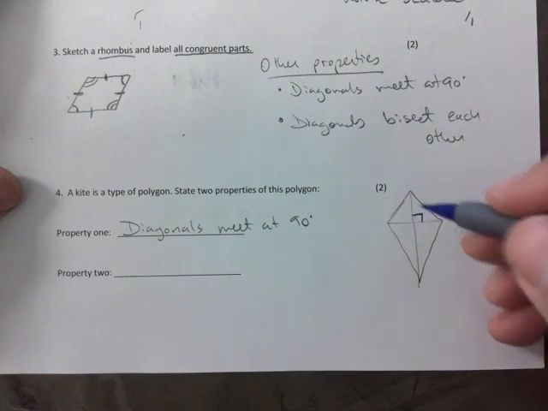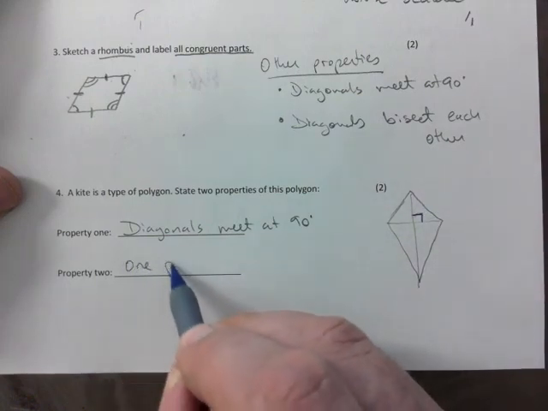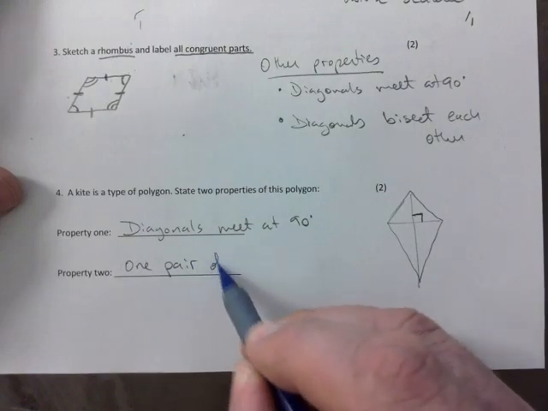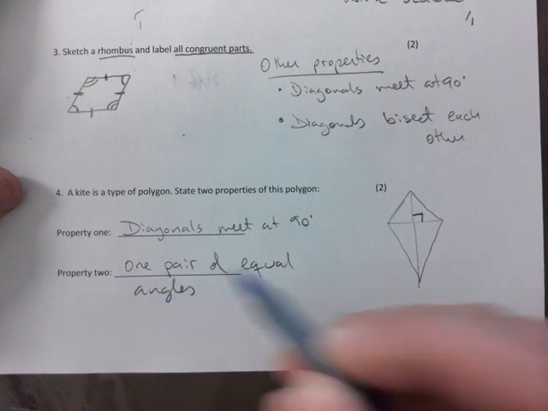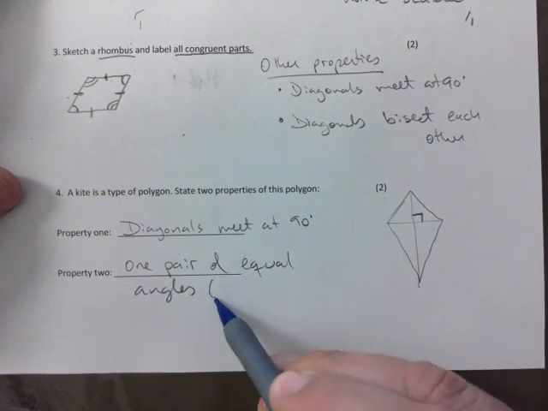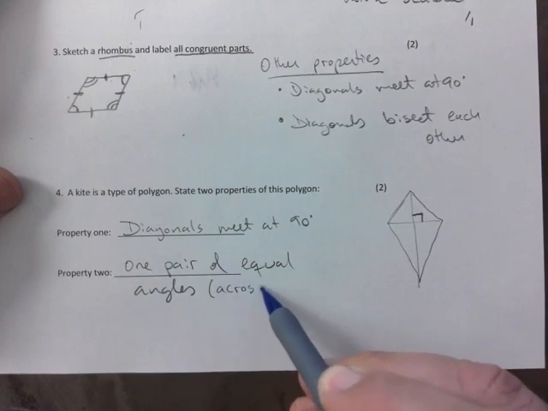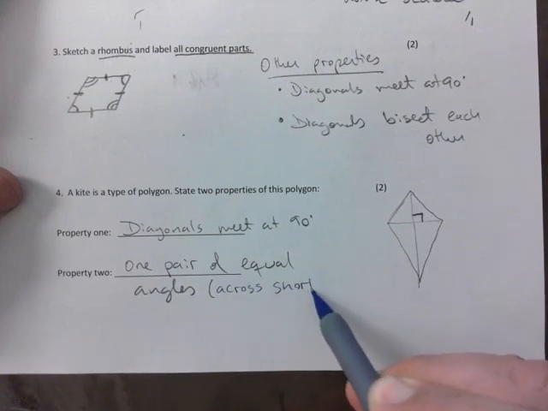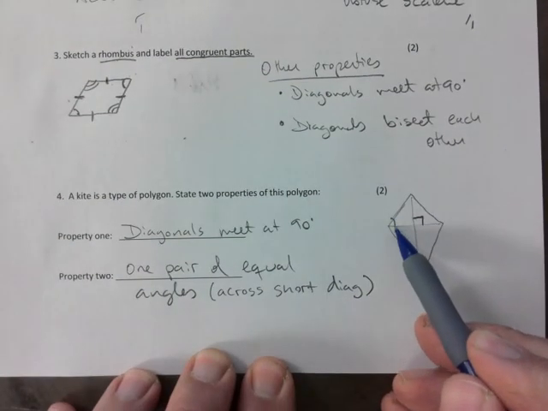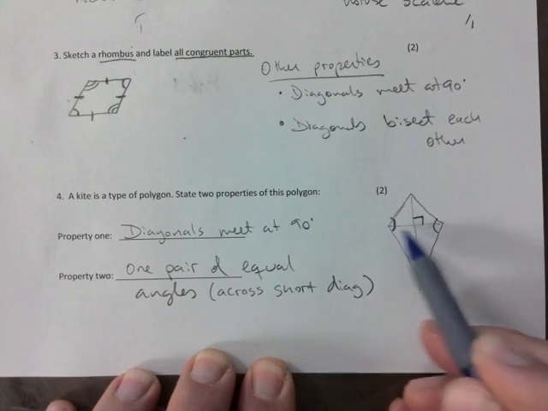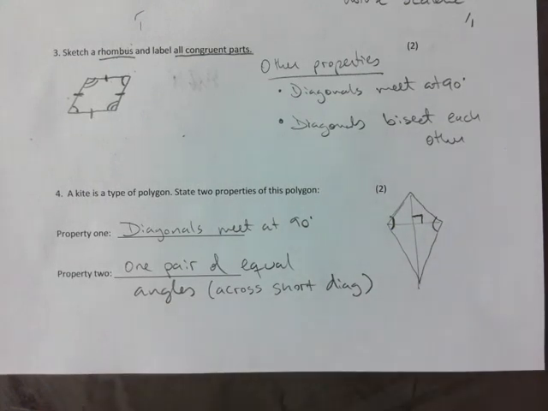You could also say that there's 1 pair of equal angles, and they're across the short diagonal. That is probably worth mentioning. It's always across the shorter diagonal that those two are going to be found.